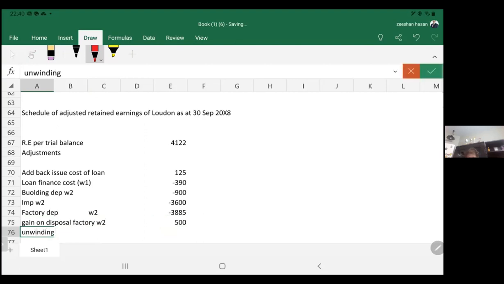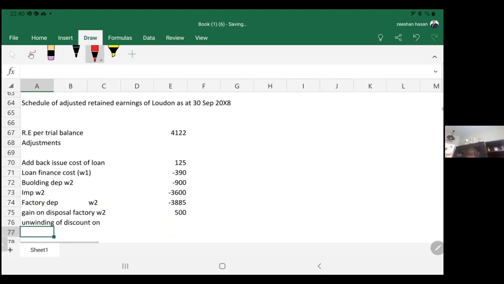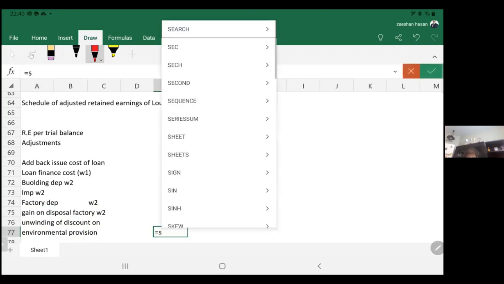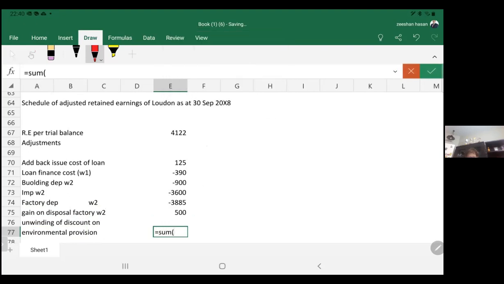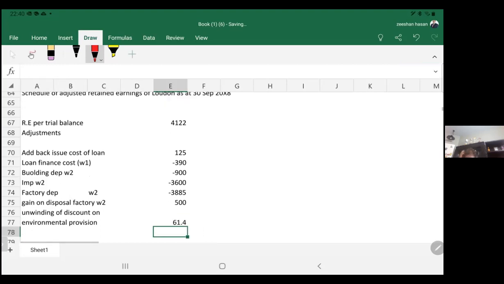And then unwinding of discount on environmental provision. Okay, this is something which we have not done in working, so I'm doing it over here. It was 1228, and the provision was at 5%, so 0.05, 61.4 or 61.